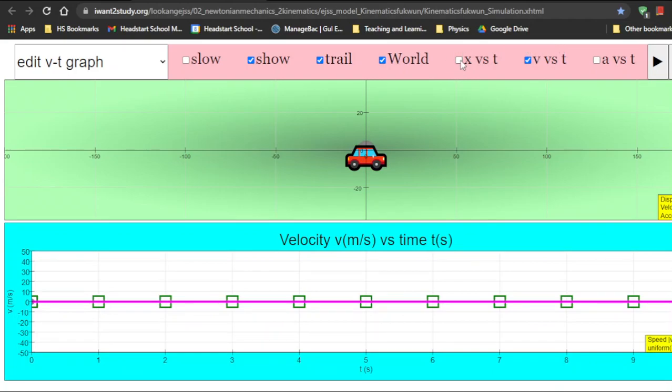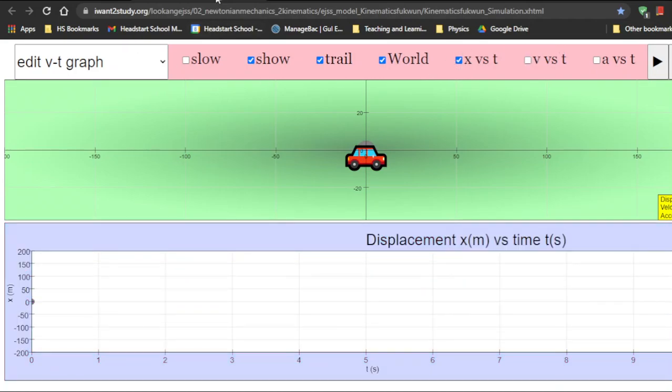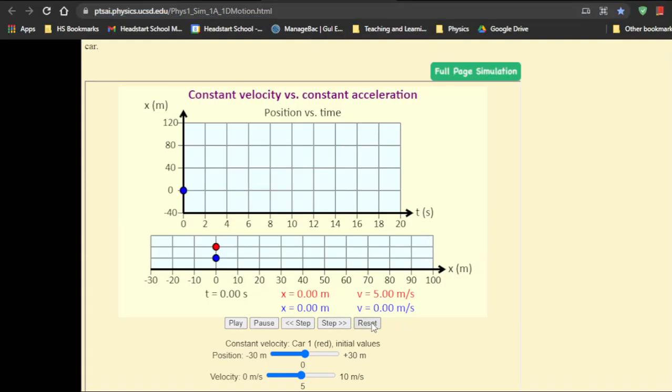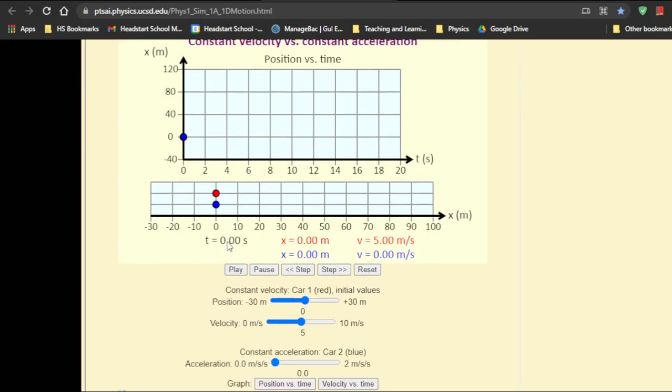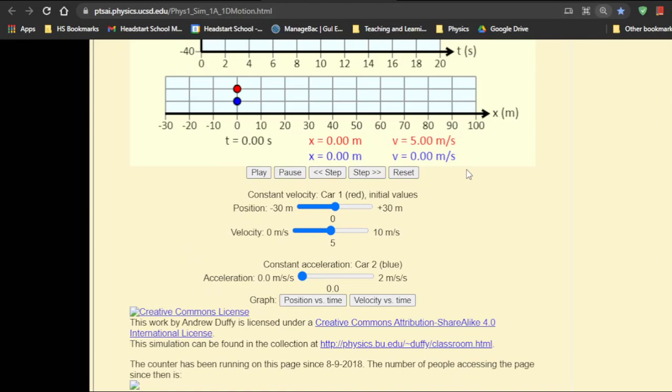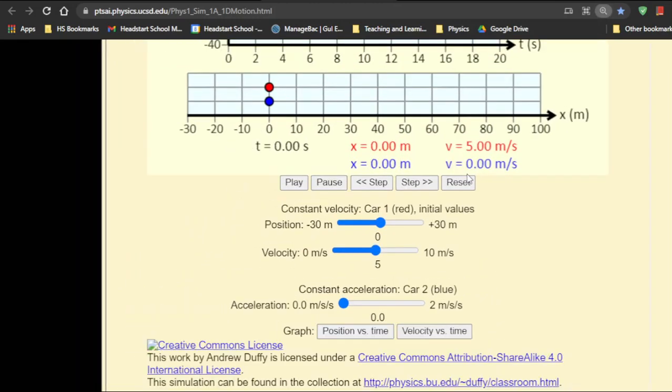Let's just say that this blue dot was our previously observed car which was at rest, and now we have another car, the red car, and we will see the behaviors of both just in terms of how they physically behave, by looking at this simulation.